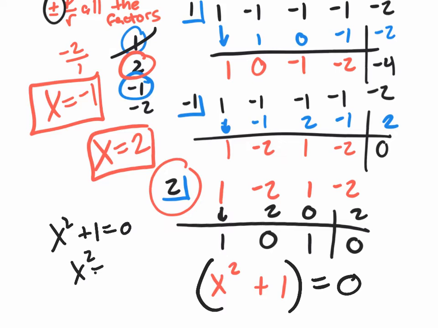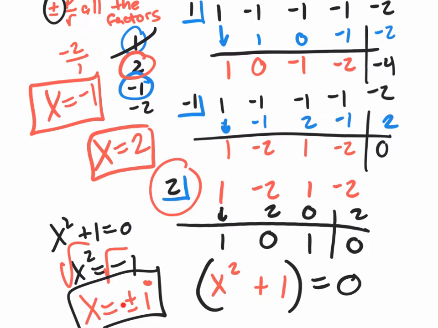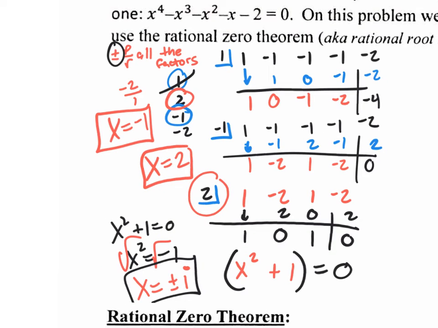You're going to have x squared equals negative 1 if you subtract 1 on both sides. If you square root and square root, you're going to get x equals plus or minus what? i. Ladies and gentlemen, we do have 4 answers. 2 of them are imaginary and 2 of them are real. x equals negative 1, positive 2, and x equals plus or minus i.